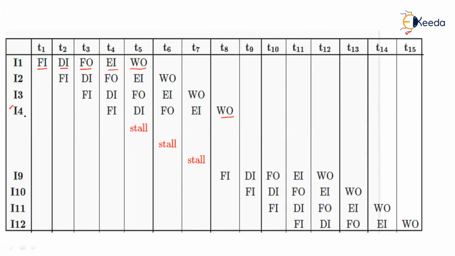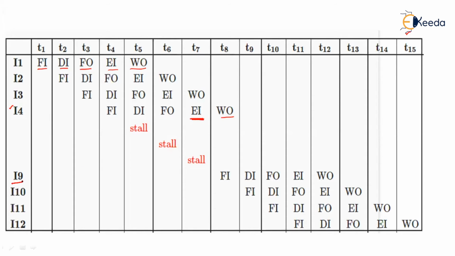The condition will only get evaluated in the execution stage. So till the execution stage finishes, the next instruction I9 cannot enter into the pipe.